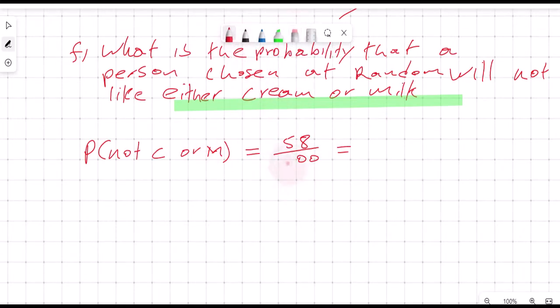And then let's move to the next question, the last question on this example.